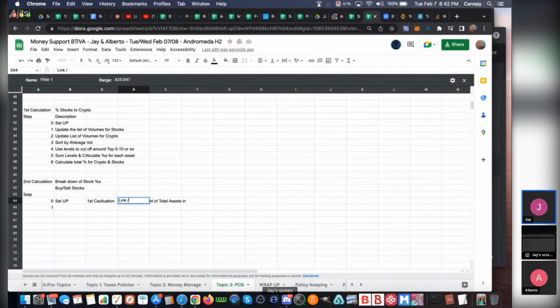Link to total assets. Link to total asset accounting for the org, right? Then you're going to need the link to the active live assets description. Okay, so those are the three things you're going to need.